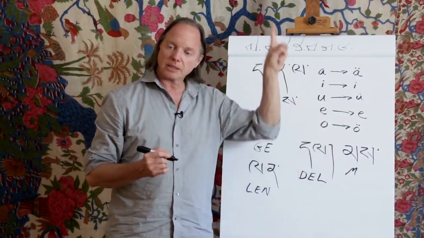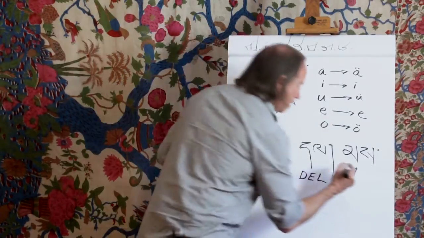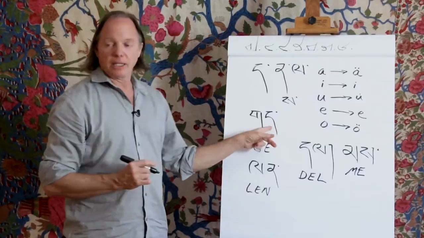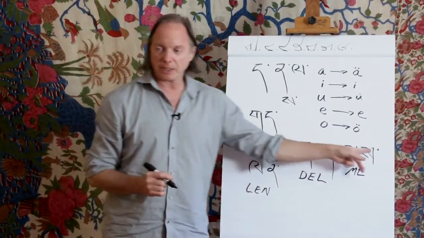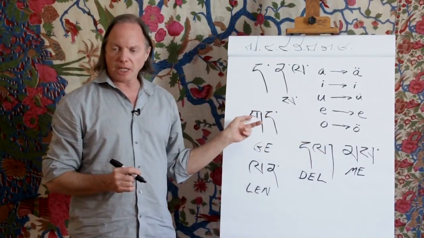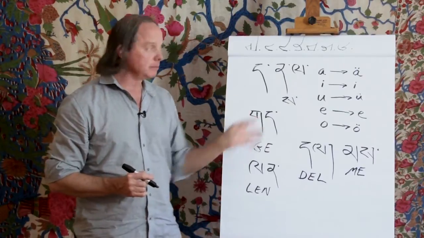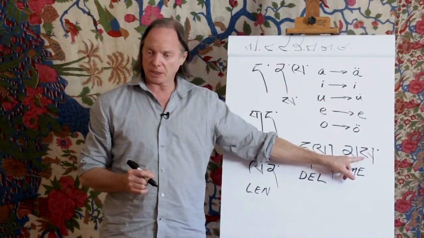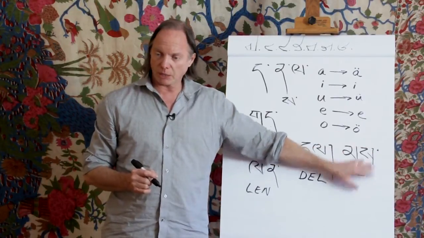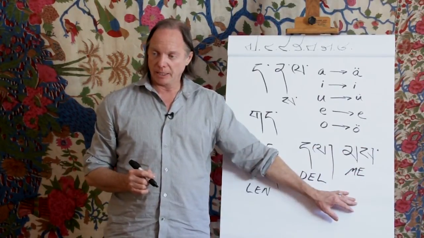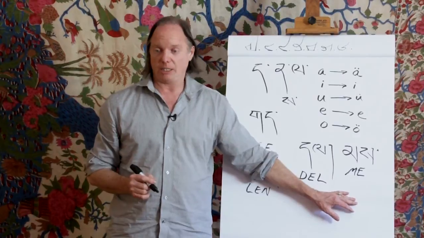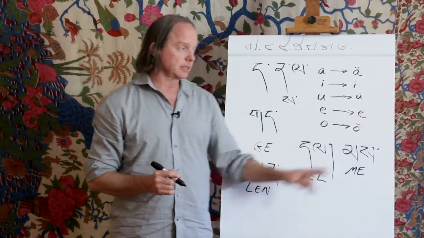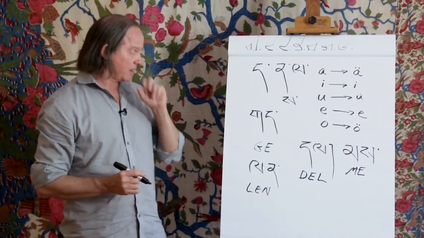Ma, sa, me. Okay. Now, sa is the brother of ta. Okay? Sa is the brother of ta. When you use a ta suffix letter, it drops out and you have the umlaut effect. When you use a sa, the compensation is it drops out and it gets longer. Okay? So ta shortens the sound, sa lengthens the sound.